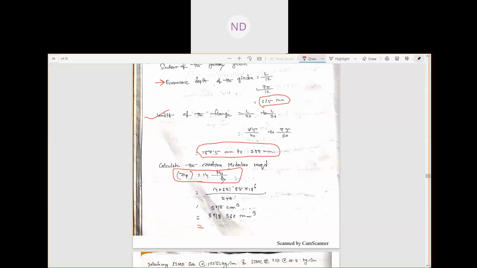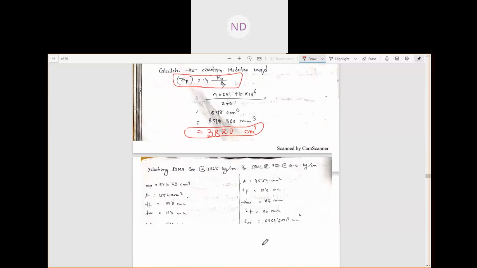If we calculate 1.4 times 681.85 into this much and this much, that will give us 3820 centimeter cube. You will get the section modulus. You can calculate and see this. So this will give you 3820 centimeter cube. So we got the section modulus.